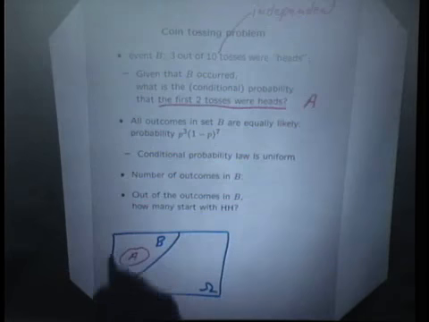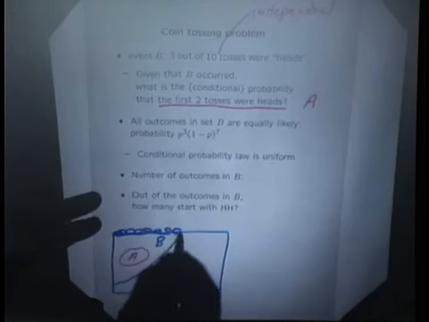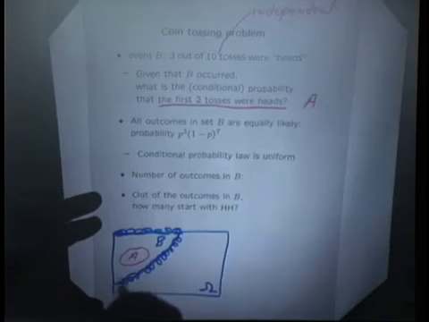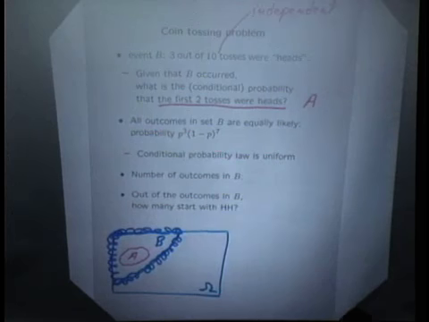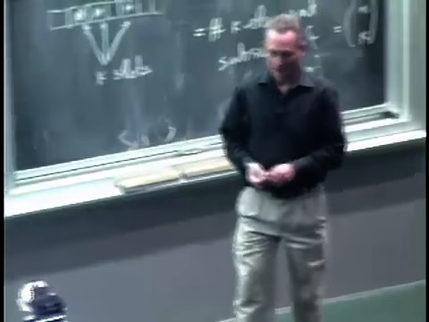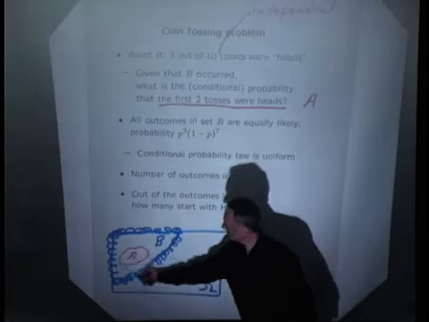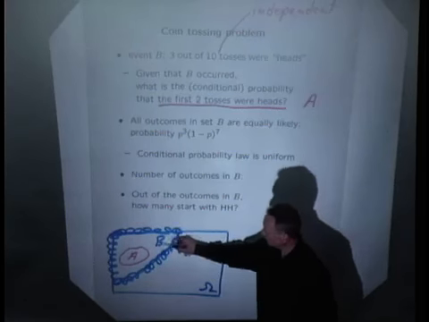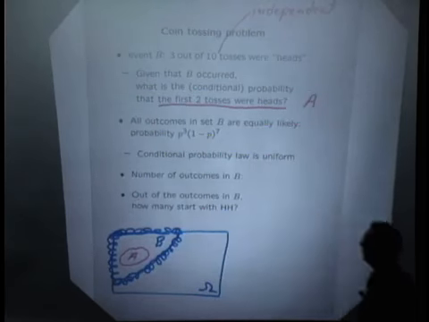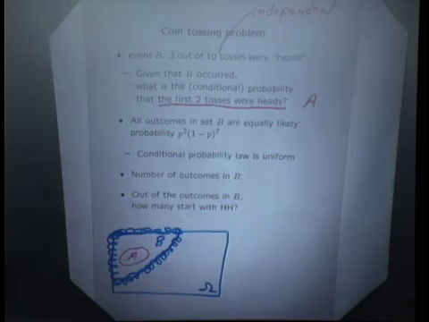So to deal with this problem, we need to just transport ourselves to this smaller universe and think about what's happening in that little universe. In that little universe, all elements of B are equally likely, so to find the probability of some subset of that set, we only need to count the cardinality of B and count the cardinality of A. So let's do that.